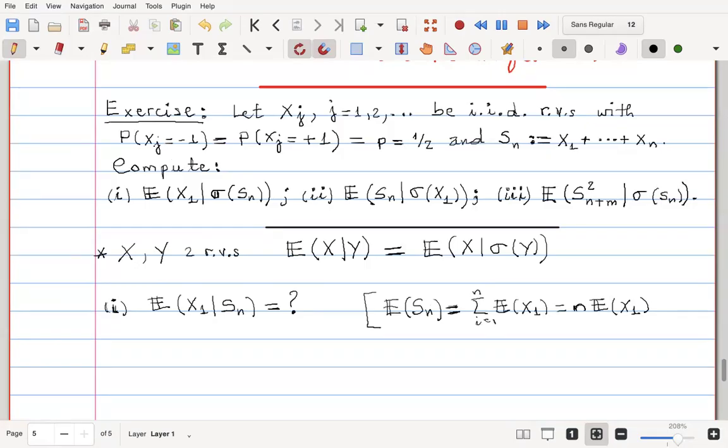We can see here that for any Xi, the Xi are actually what we also call Bernoulli random variables. It takes two values, -1 and 1, with probability 1/2. So if we replace that here, this will give us n times the expectation of X1, which can be any of them. Each one of them takes two values, right?